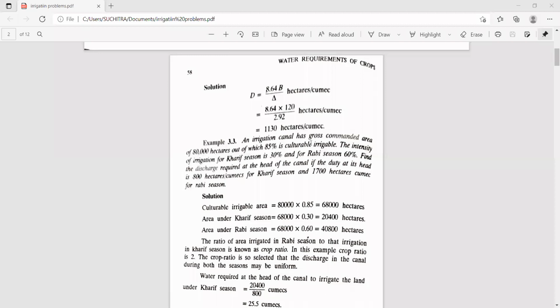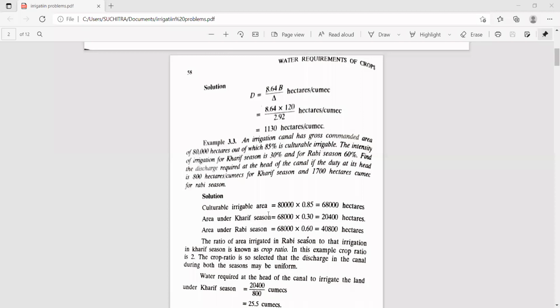In the last class we discussed what a gross commanded area is. It is the total area of the catchment, which contains certain portions like villages and ponds or lakes. Those areas cannot be taken and have to be taken out. The remaining area on which agricultural activity can be carried out is called the culturable irrigable area. Now here is the solution.